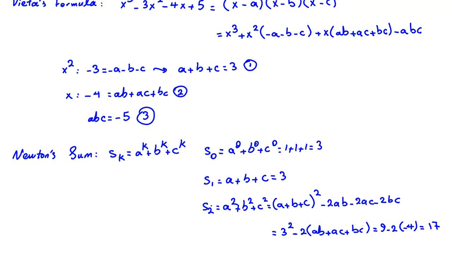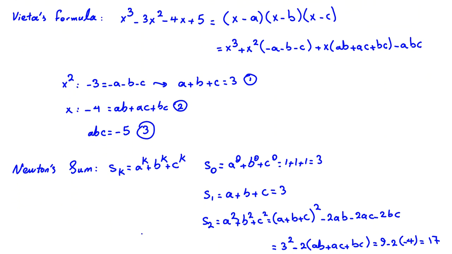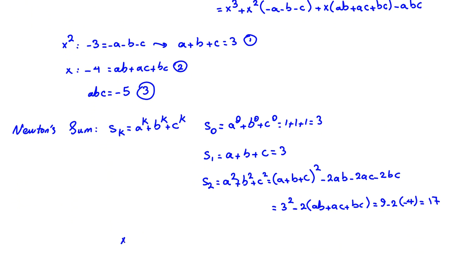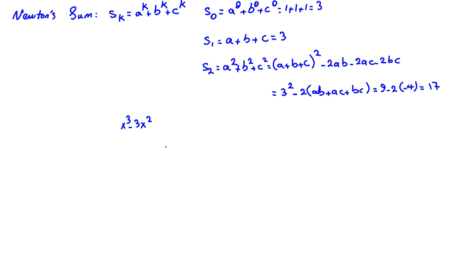Now we want to find S_k for general k, a recursive sequence. Our equation is x cubed minus 3x squared minus 4x plus 5 equal to 0.